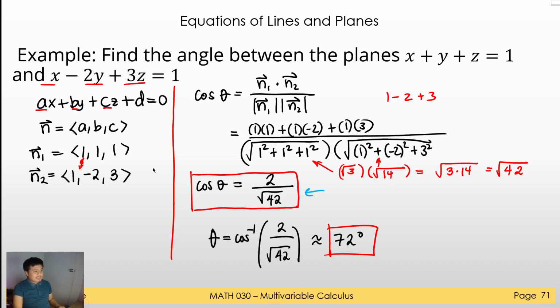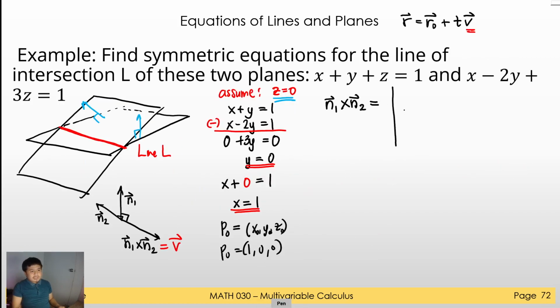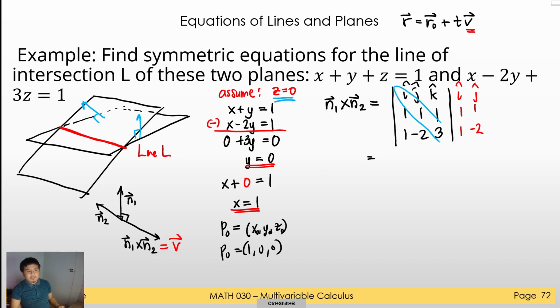So we have 1, 1, 1, and 1, negative 2, 3. That's right. And then we have i, j, and k. So finding the determinant of this 3 by 3 matrix to find the cross product, we can duplicate the first two columns. So we have i, 1, 1, j, 1, and negative 2. So a technique. Okay, so we multiply this for i.